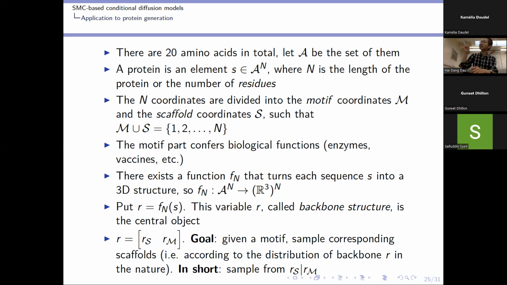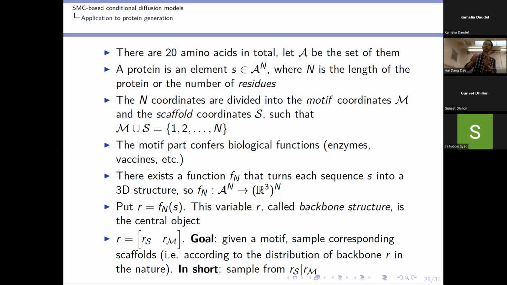So for the protein, there exists a function that turns each sequence S into a 3D structure. So we have a sequence of amino acids, you can apply a function to get essentially N points in R^3. So you turn a sequence into a 3D structure, which I will denote by R, and this so-called backbone structure is a central object here.